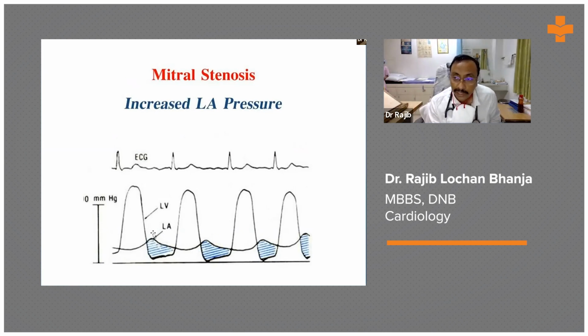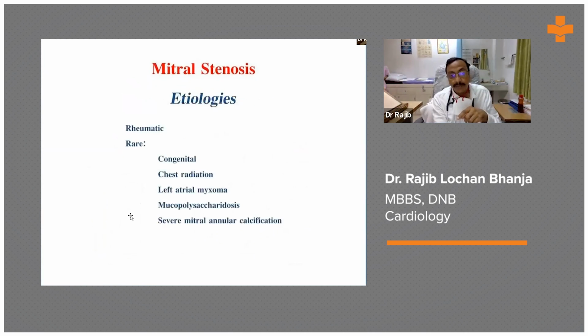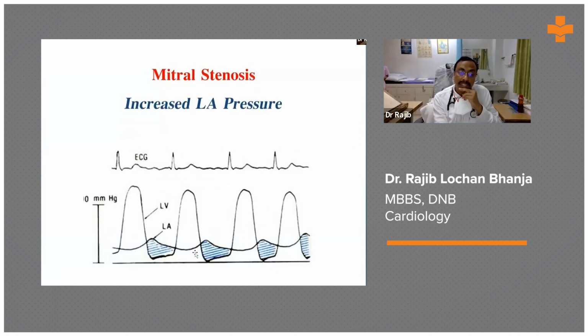Why are patients affected? We know that in mitral stenosis, before the patient becomes symptomatic, the disease has been present in the body for at least 1 to 2 decades. Just imagine, the patient had mitral stenosis 2 decades before, or 1 decade before, and now is symptomatic. This pressure curve is between the LV and LA pressure.